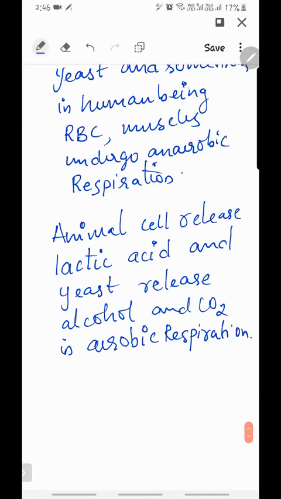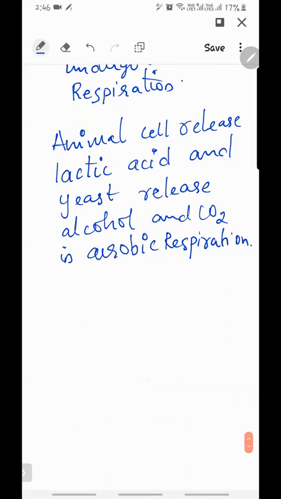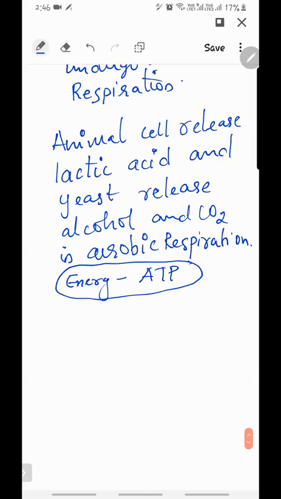Yeast will produce alcohol. Here alcohol and carbon dioxide are released, and energy will also be released, energy in the form of ATP. Always in a cell, whether aerobic or anaerobic, energy will be in the form of ATP. There's no doubt.